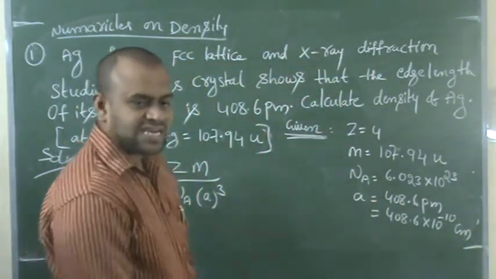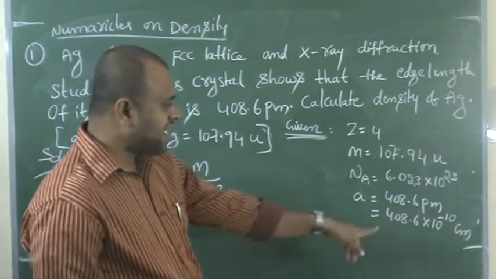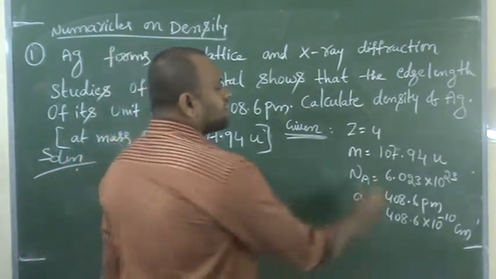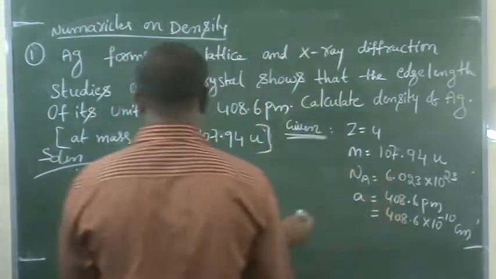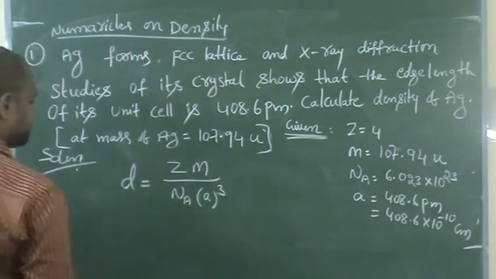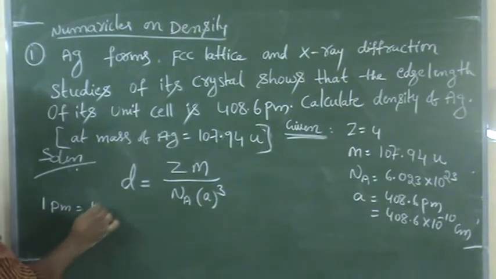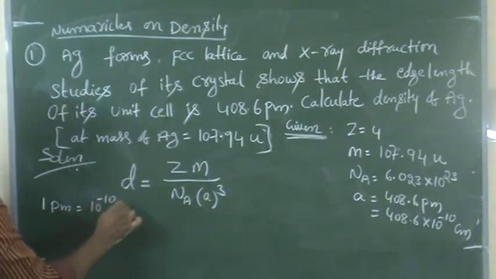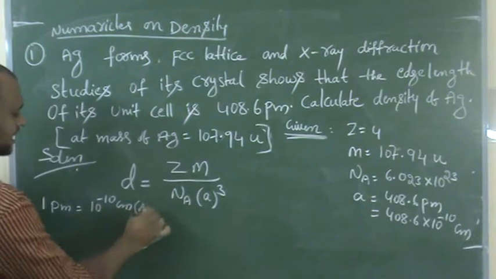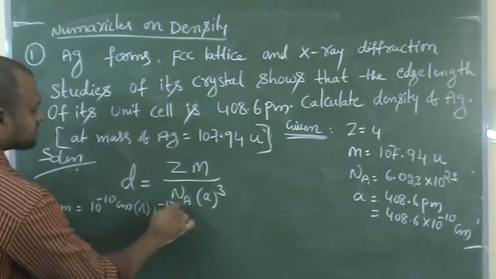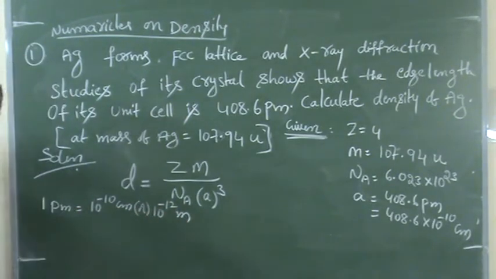Picometers should be converted into centimeters. Remember that 1 picometer is equal to 10 to the power of minus 10 centimeter, or 10 to the power of minus 12 meters.